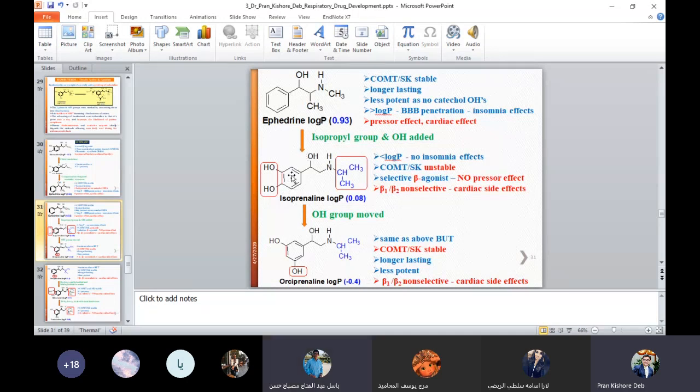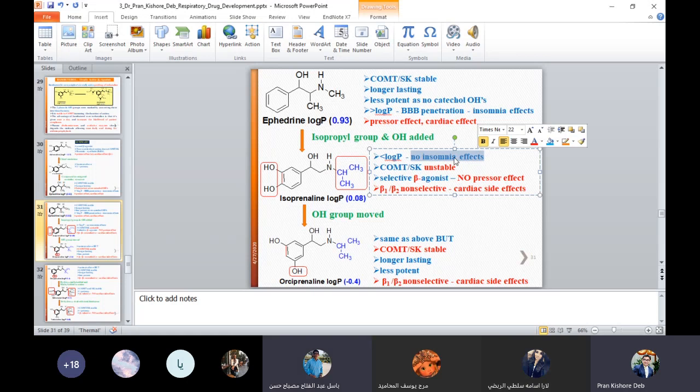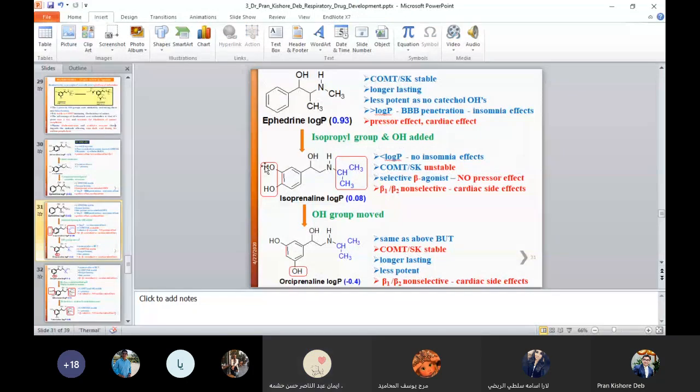So what is the advantage and disadvantage of isoprenaline compared to ephedrine? The log P is reduced, so no blood-brain barrier penetration, no insomnia. More potent because there is catechol OH. Very good. Then, what is another advantage? It has no pressure effect, because it is not selective to alpha but it is non-selective to beta.